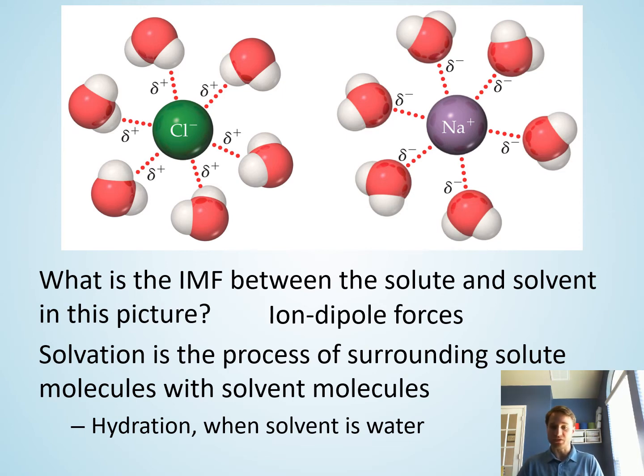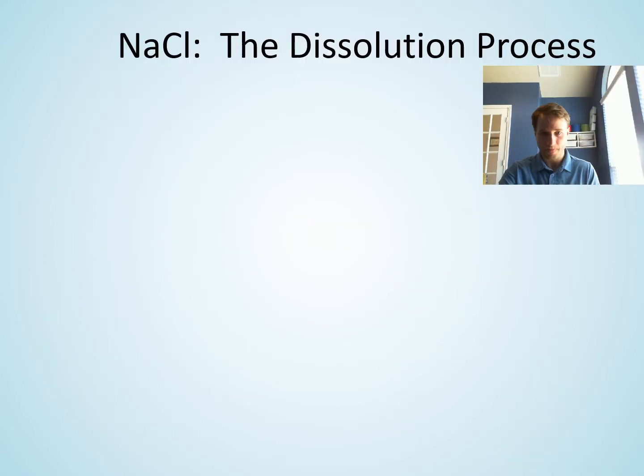Specifically, when the solvent is water, we call it hydration. So if something goes under hydration, that compound is breaking apart, dissolving in water, and being surrounded by water molecules.